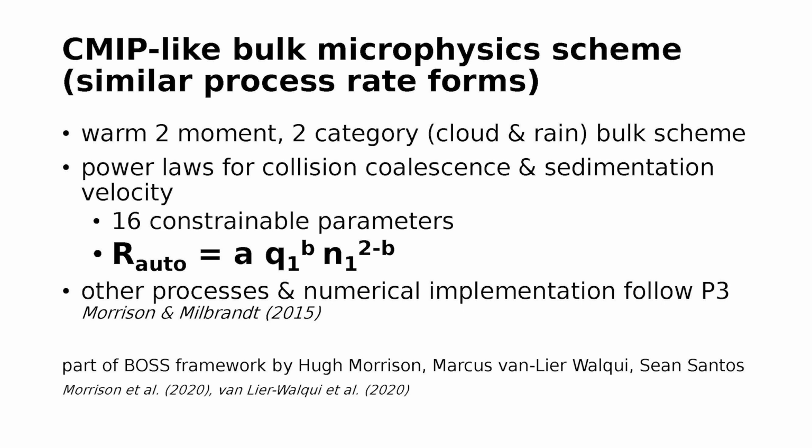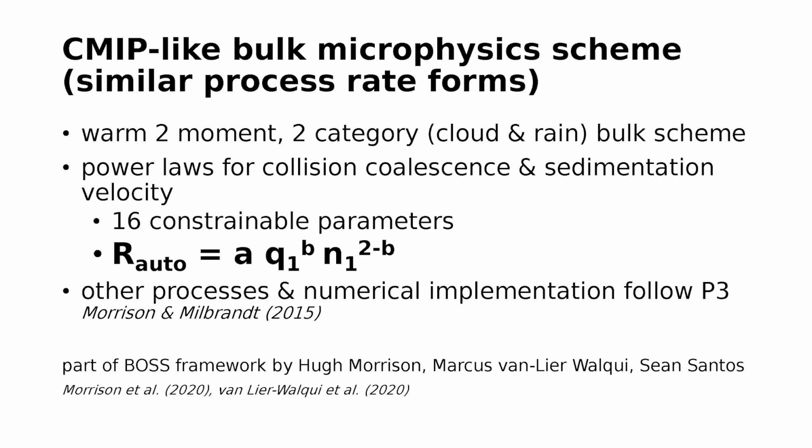Because of how we traditionally translate cloud microphysics schemes across scales, really the main difference is we don't have any subgrid variability in here because we're running at higher resolutions, but we have a very standard power law autoconversion formula. We have a 2-moment, 2-category bulk scheme, and we're specifically looking at parameters associated with collision coalescence and sedimentation.